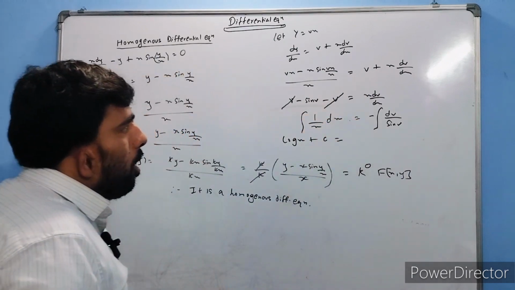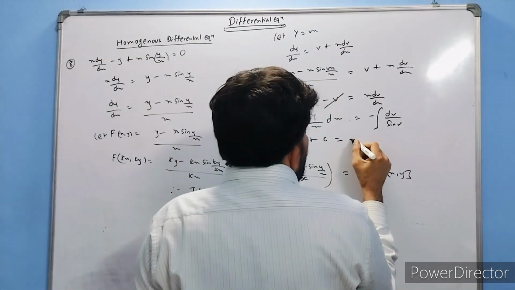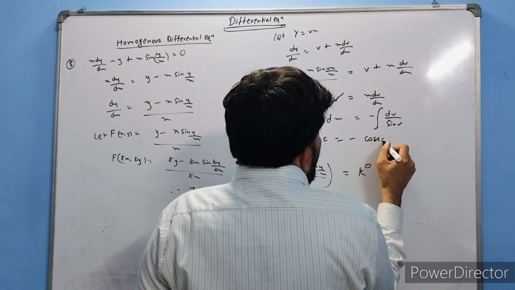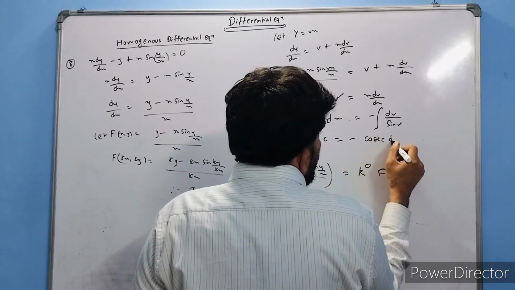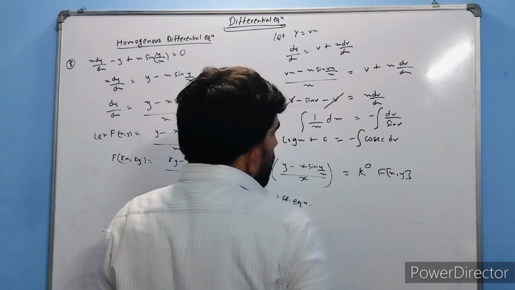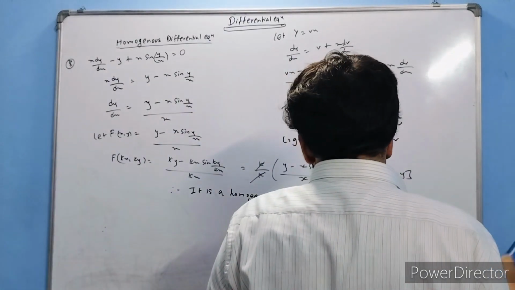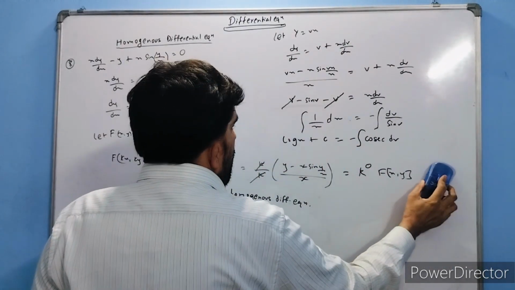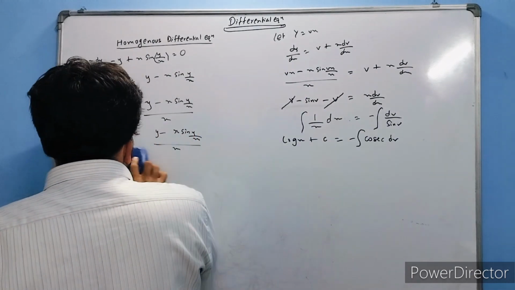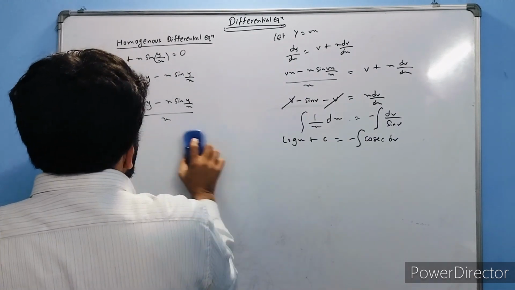Now we see here we have cosec v dv. We'll try to integrate it here itself.